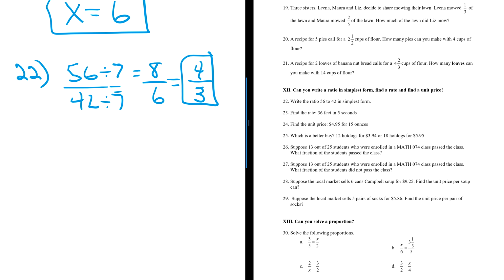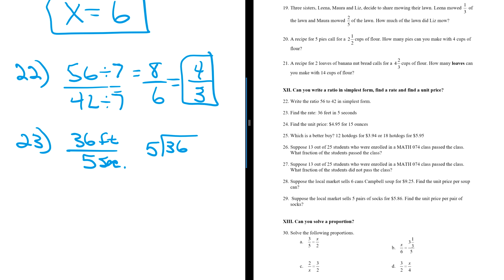in simplest form. All right, find the rate: 36 feet in 5 seconds. This is number 23. If I'm finding the rate, 36 feet in 5 seconds, what's the rate? I'm going to take 5 and divide it into 36.